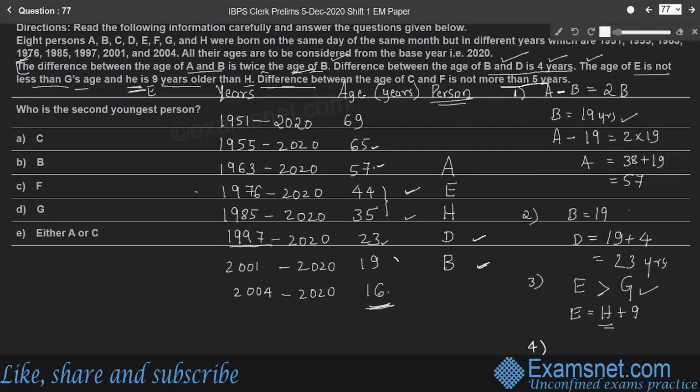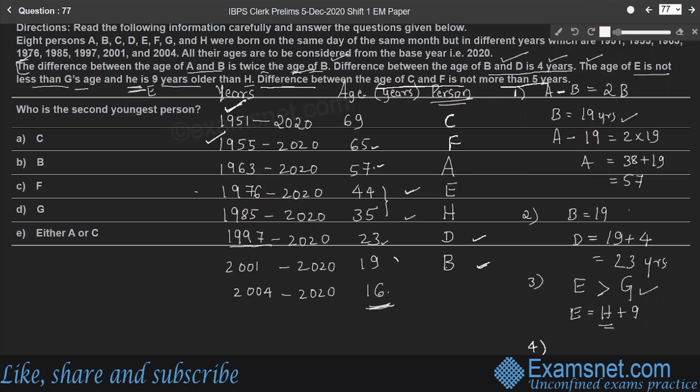But according to the information, the difference between the ages of C and F is not more than 5 years. Therefore, the persons who are born in 51 and 55, one of the persons is C, another is F. Here it is not given whether C is older or F is older, right?